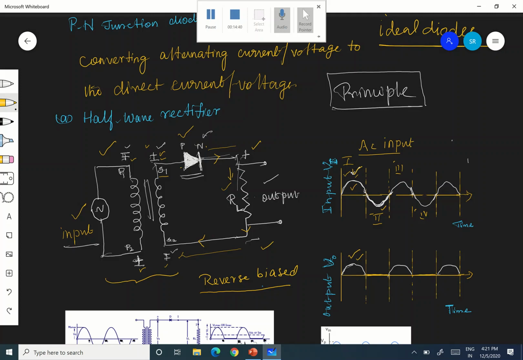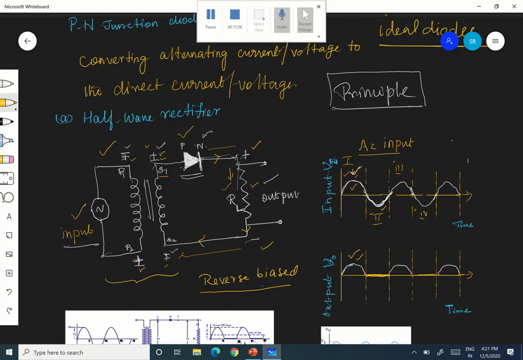You know the working principle itself is that the diode offers low resistance when forward biased and high resistance when reverse biased. Because it is reverse biased, and we are using an ideal diode, it will not allow current. Therefore, in the output there is no current through the load, so nothing will be there.